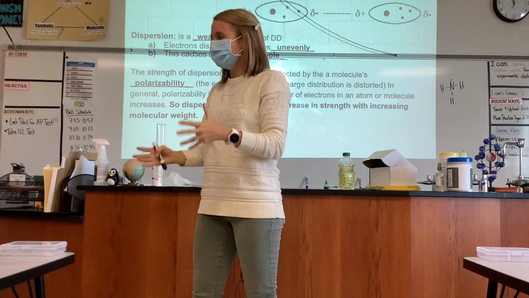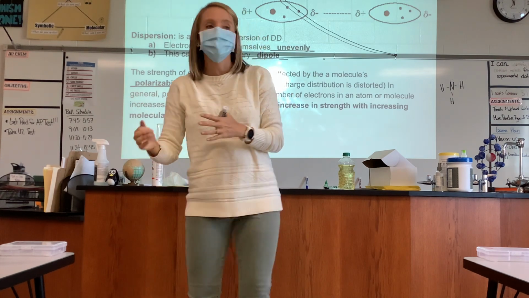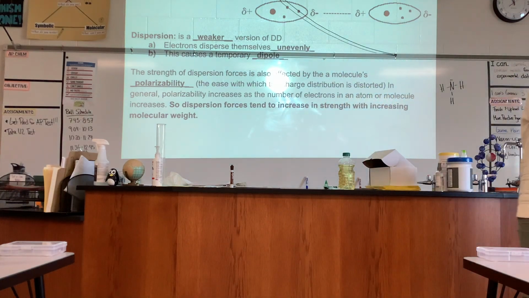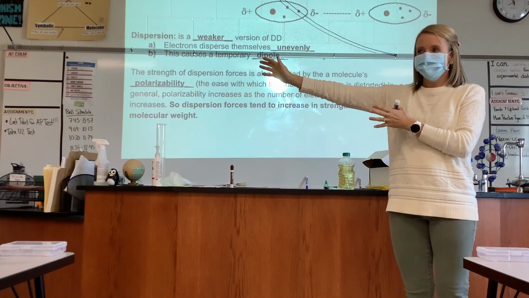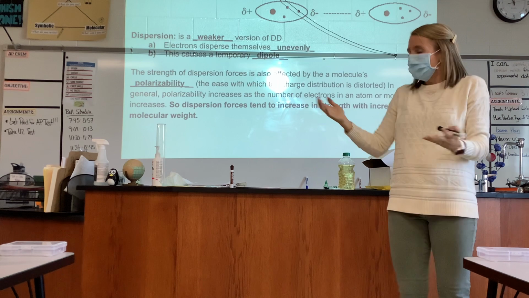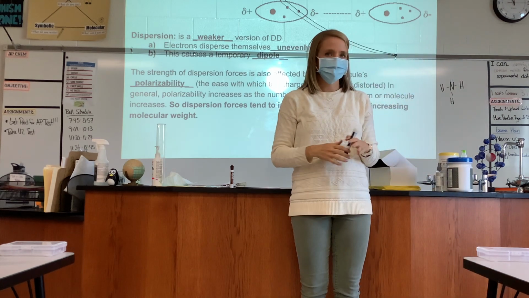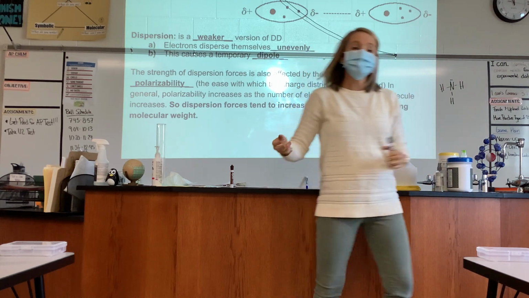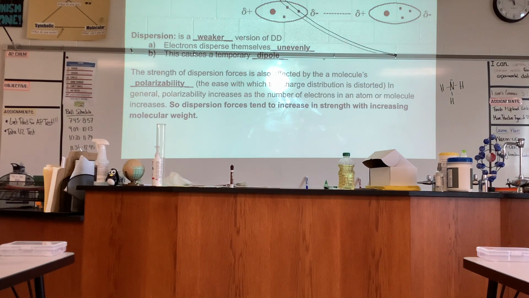At the moment I say freeze, is there a chance that there could be more of you on this side than on that side of the room? Yes. Probability. Well, what's the charge of electrons? Negative. So if there's more negatives over here than over there, you get a temporary dipole, where it's a little more negative on this side than it is on that side.